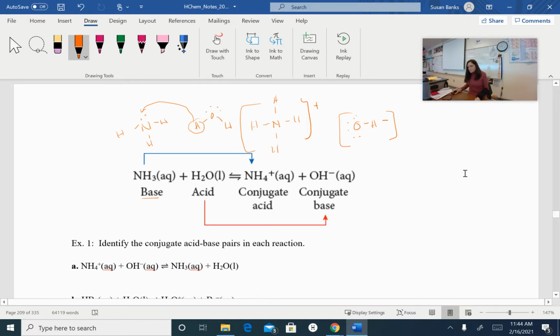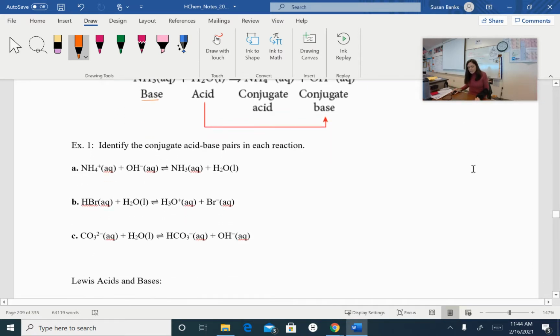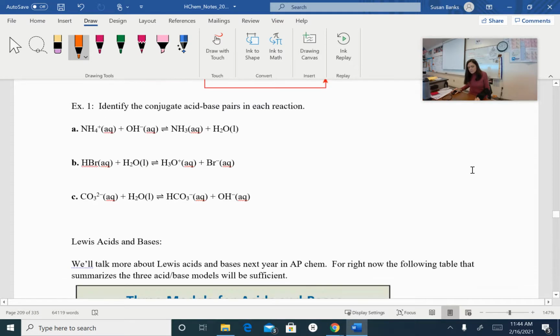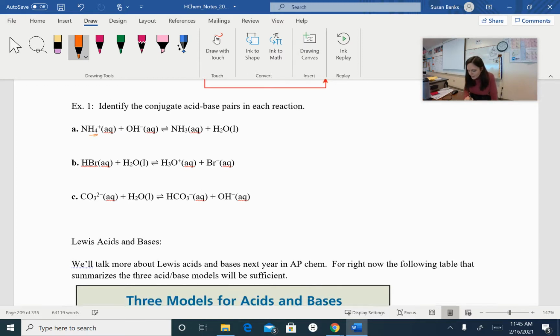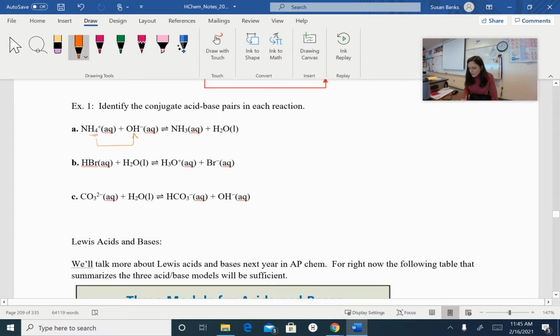Okay, so let's identify the conjugate acid and base pairs in each of these reactions. What you have to look for is who is donating that proton. So let's do A together. Notice ammonium, NH4, is donating a proton to hydroxide, and when it donates that proton to hydroxide, we are making water.